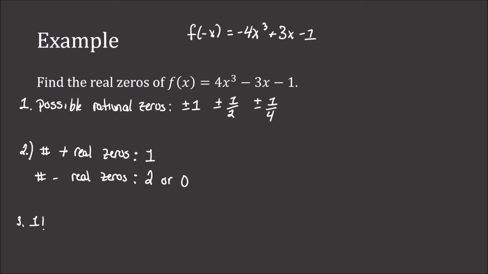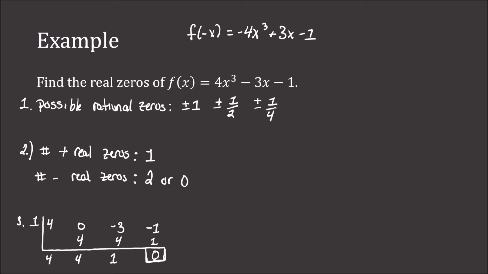Then we have 4, no x squared, negative 3, negative 1. And against this very last term here that we care about, we want that to be 0. 4 times 1 is 4, plus 0 is 4, times 1 is 4, minus 3 is 1, times 1 is 1, minus 1 is 0. Perfect. 1 is a 0.